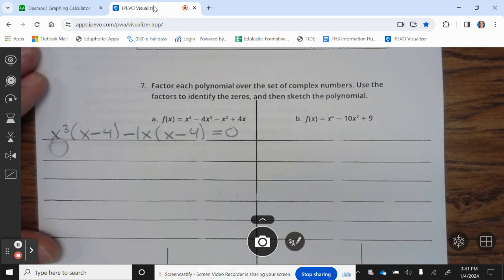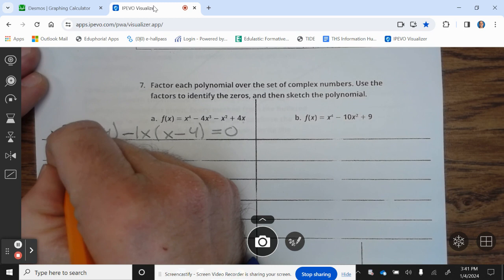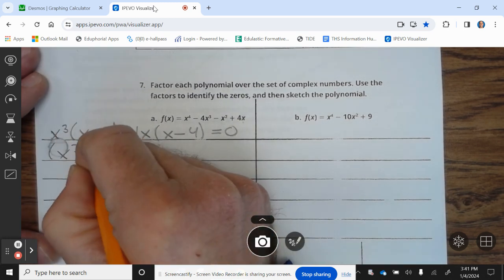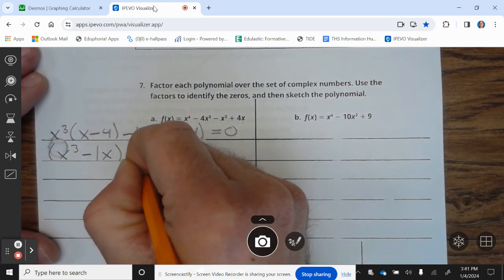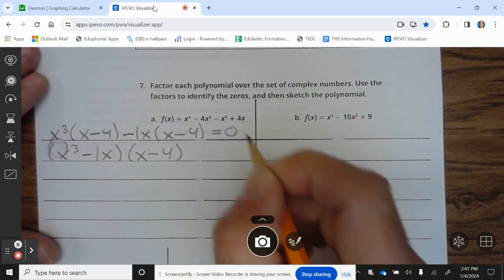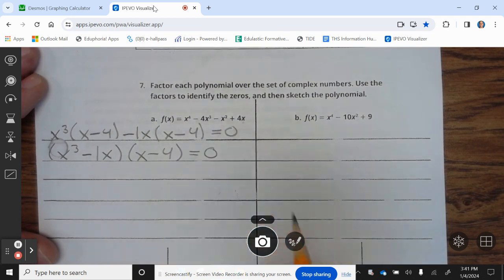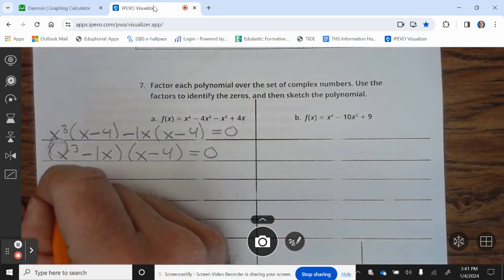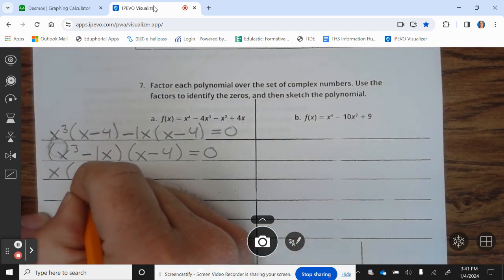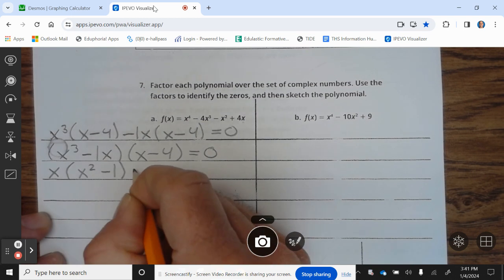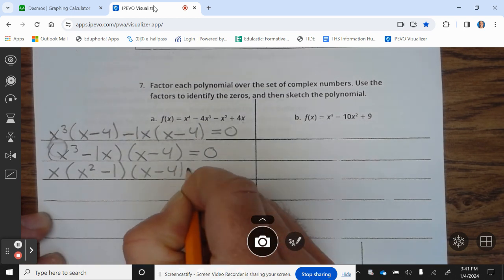So then that factors to be x cubed minus 1x times x minus 4. Now we can factor an x from each of these terms, so that becomes x times x squared minus 1 times x minus 4 equal to 0.